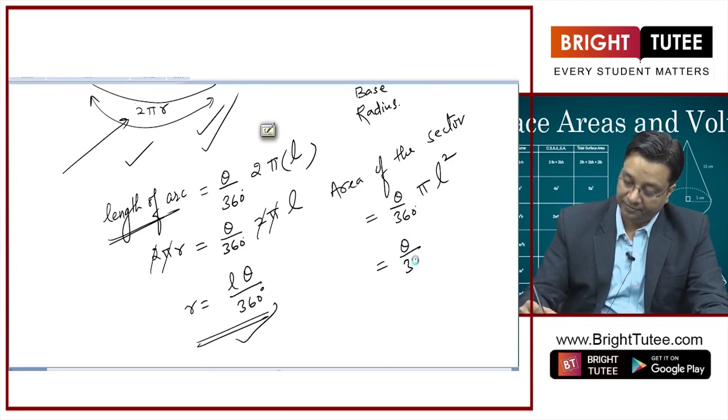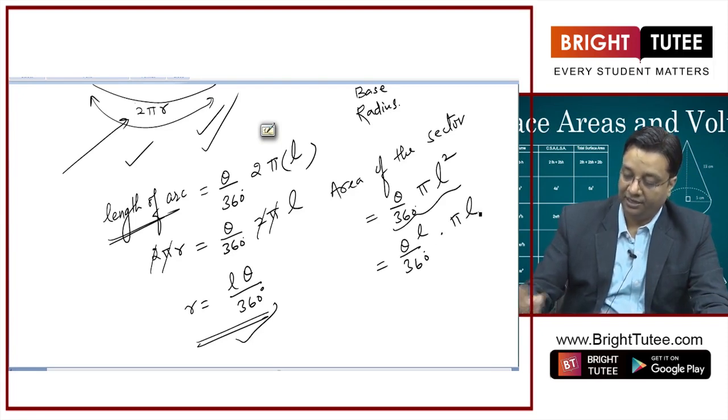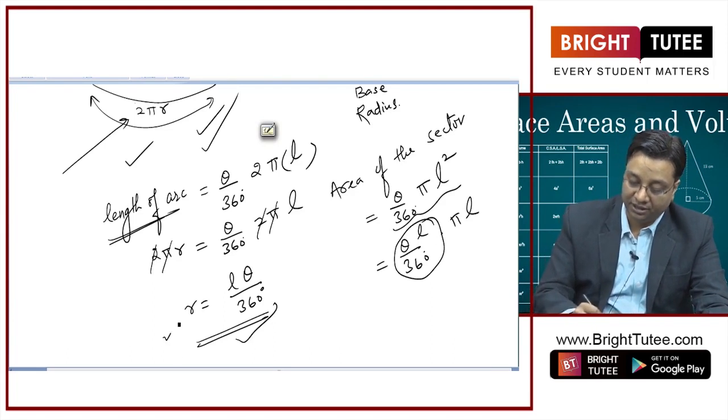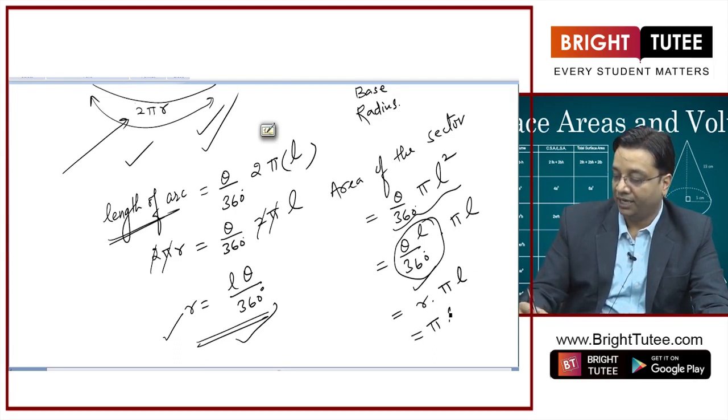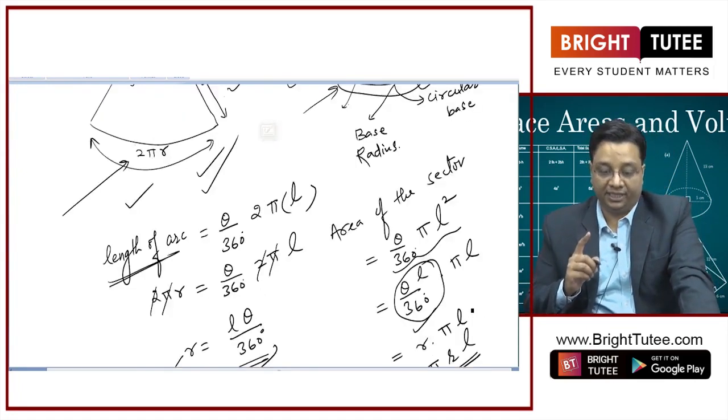So, theta by 360 into L, if I separate this from pi L, I will have pi L extra. Why have I separated this term? Because this term is equal to R. Now, if I put it equal to R, I can write it as R pi L, or pi R L. This is the area of this sector.